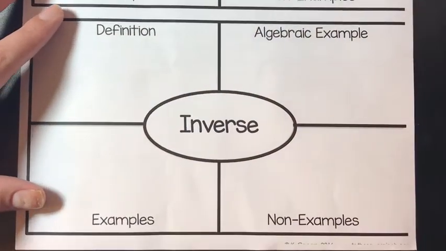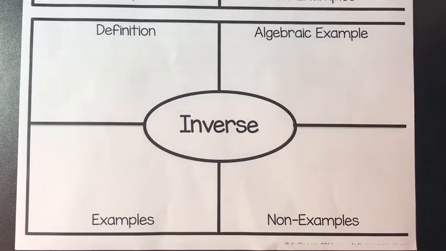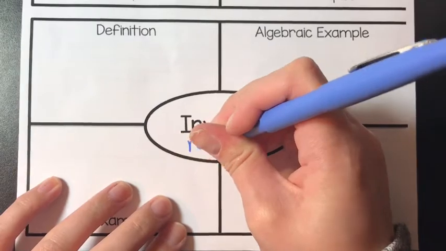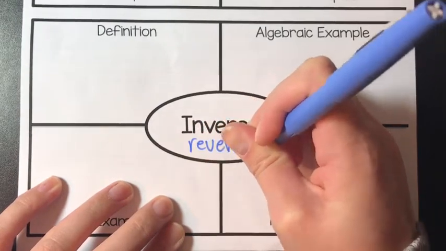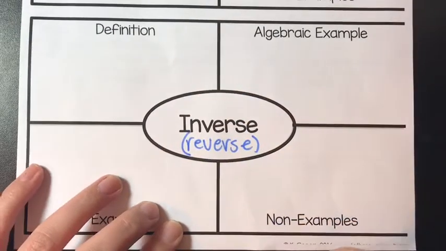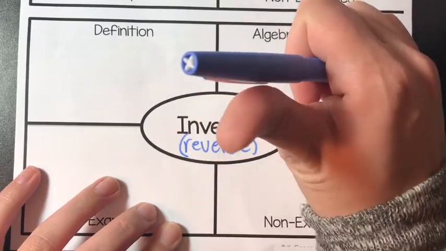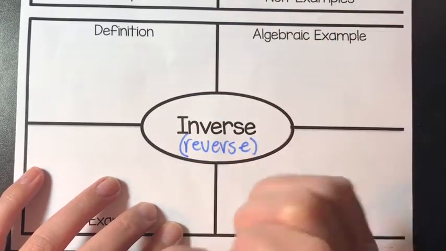We're talking about inverse. So when you say inverse, I want you to think of the word reverse. Like when you're driving and you're moving forward, if you're going reverse, you are going in the opposite direction.